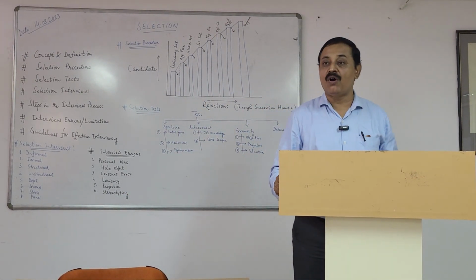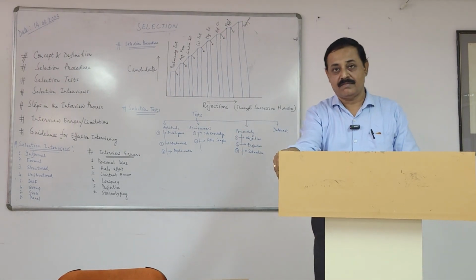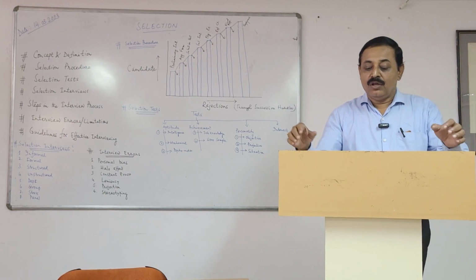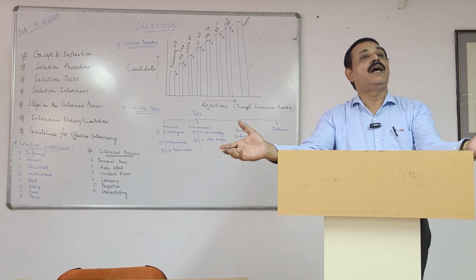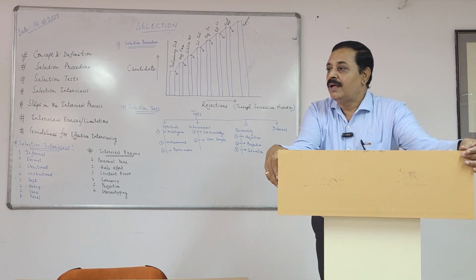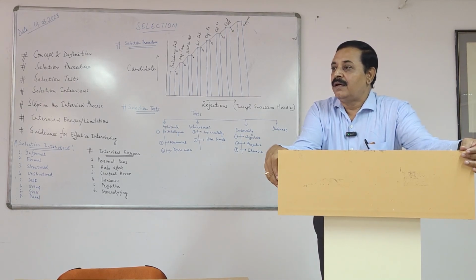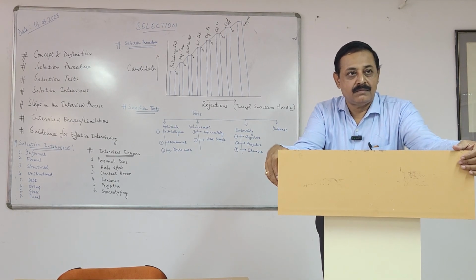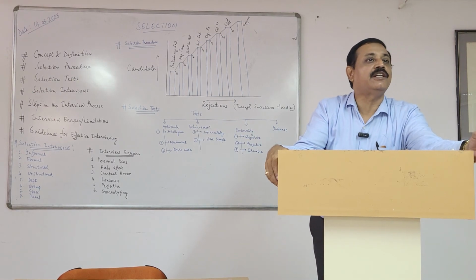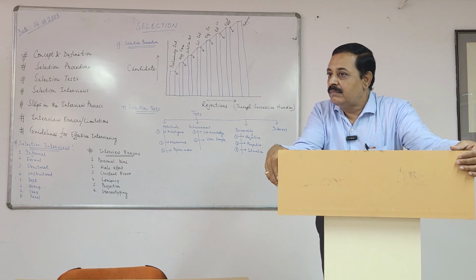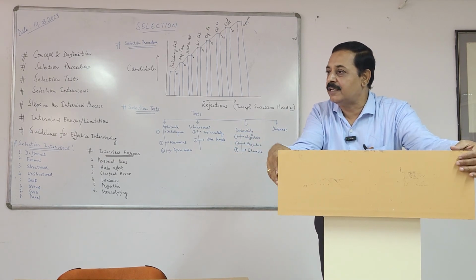Now let us know about each of these errors, right? So what do you understand by personal bias? Personal bias means personal favor. It is something associated with favoritism. But that can happen instantaneously.